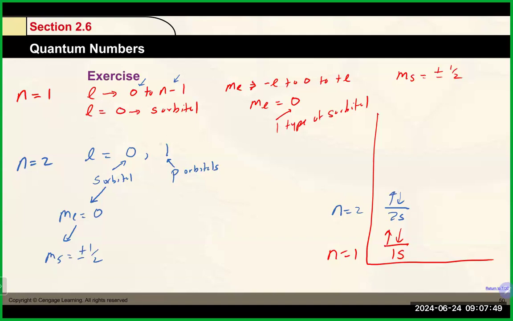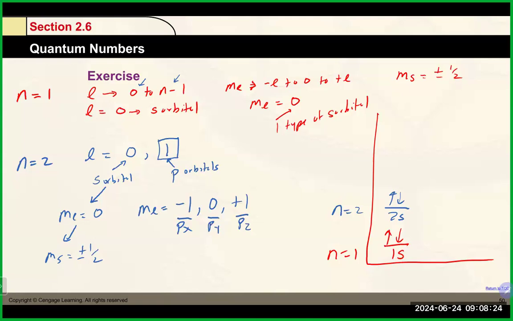Now, when I go to my L value of 1 in this case, which also occurs on the second energy level, my m sub L value can now be -1, which is minus L, could be 0, and can be plus 1. That is how many numbers? That is 3 numbers, yes? And each of these numbers represents a different p orbital. That's like your px, your py, and your pz orbital.